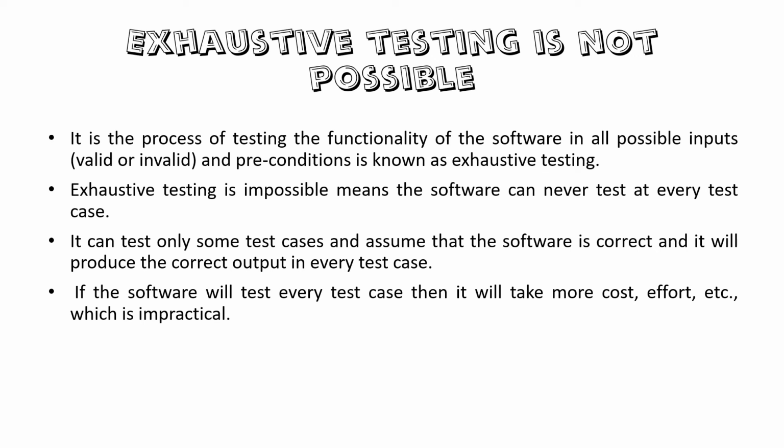So we have to assume that a software is error free after testing a few of the test cases. For that, we need to write the test cases correctly so that they cover most of the functionalities. If we test all the test cases, it will take a large amount of cost and effort, which is not possible and not practical. So this principle is known as exhaustive testing is not possible.